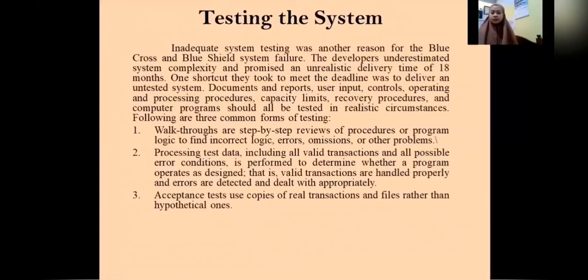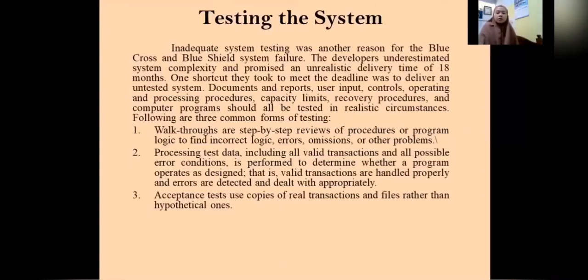Testing the system. In the Kuwait system, testing was another reason for the Blue Cross and Blue Shield system failure. The developers underestimated system complexity and promised an unrealistic delivery time of 18 months.